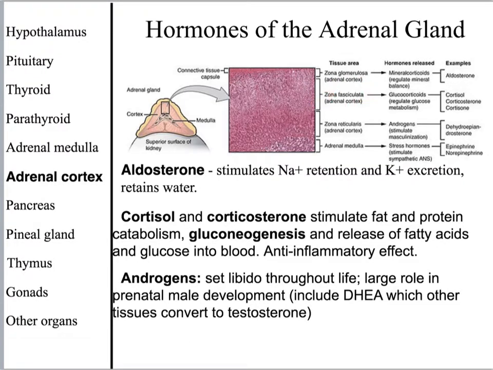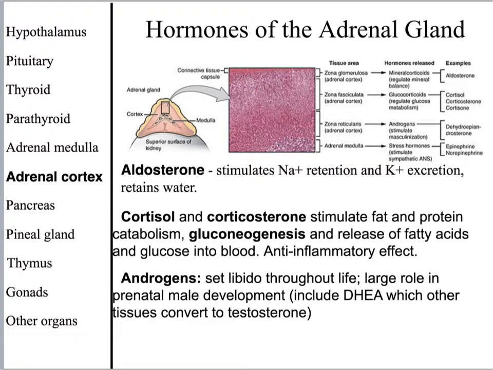Zona fasciculata secretes glucocorticoids. There are several different types of glucocorticoids. Cortisol is the most abundant, but cortisone and corticosterone are also important ones. If someone is on steroid medication, it's almost certain that they are on a glucocorticoid derivative, probably a cortisol derivative.